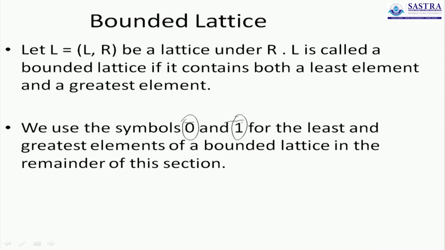When you find both these observations, only then your lattice gets called a bounded lattice. So we'll uniformly refer to the least element as 0 bar and the greatest element as 1 bar.